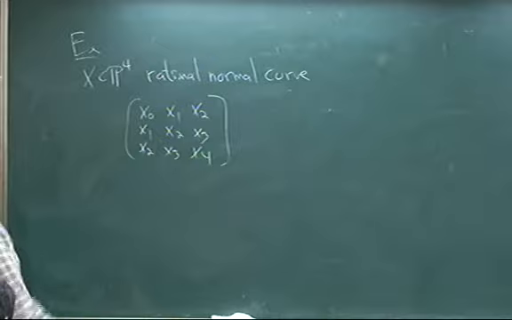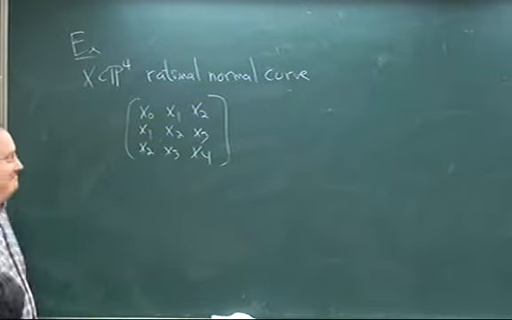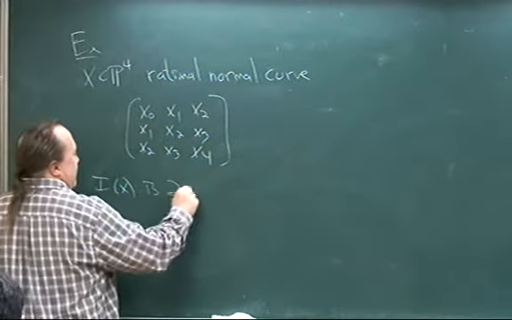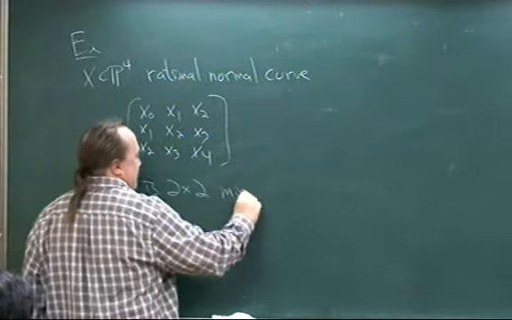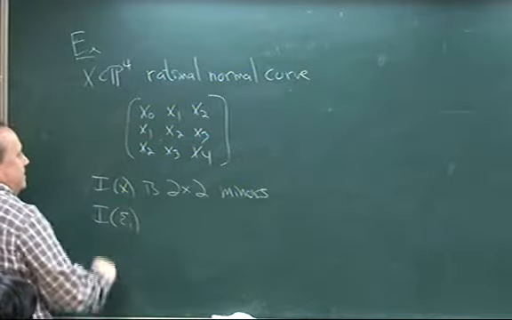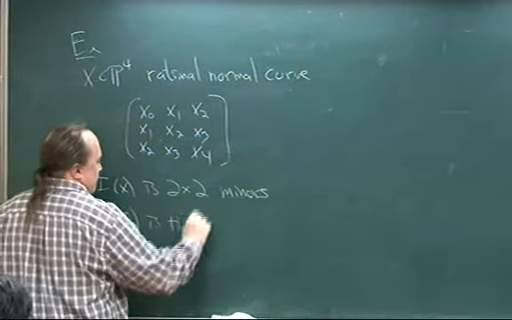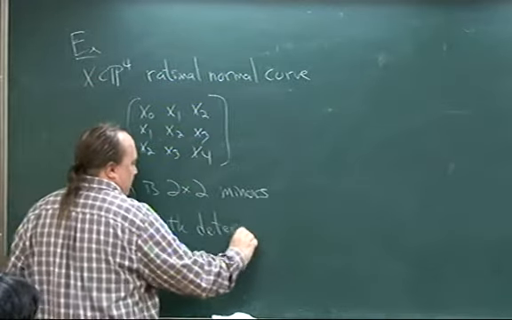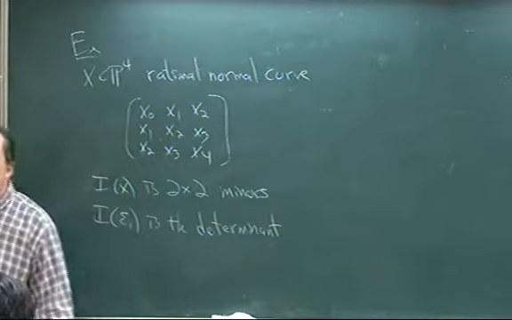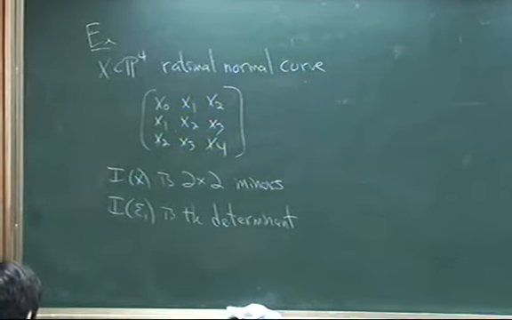And you figure out the ideal of X, these are the 2 by 2 minors. The ideal of the secant variety is just the determinant. The secant variety to a rational normal curve in P4 is a cubic hypersurface.